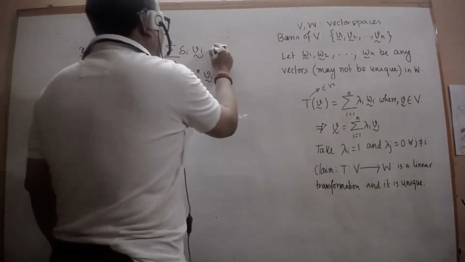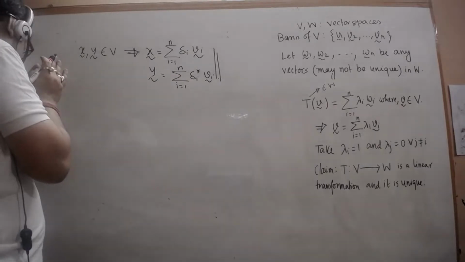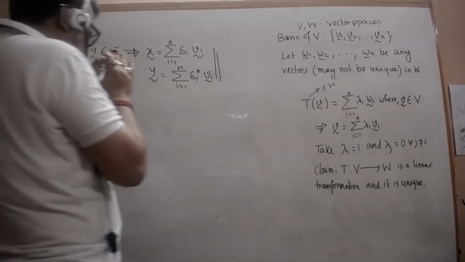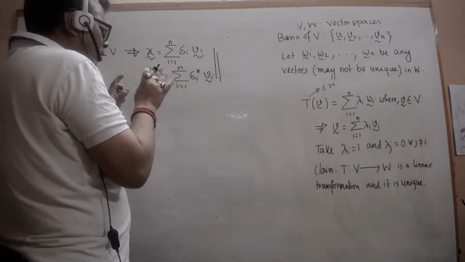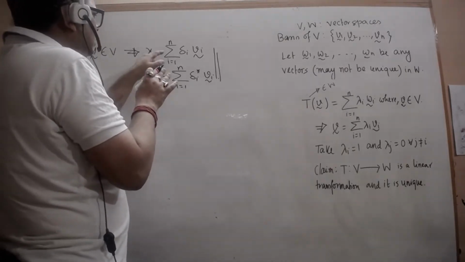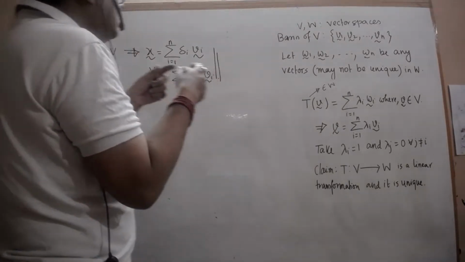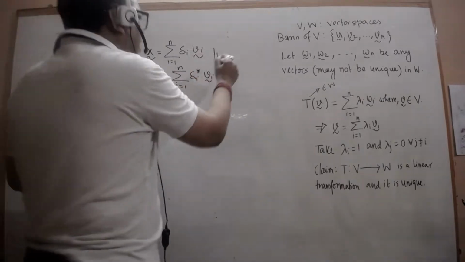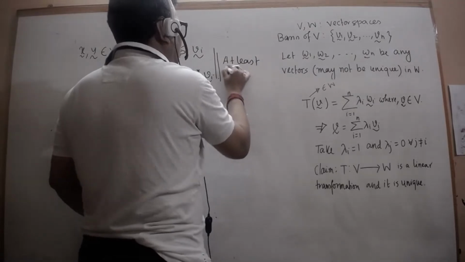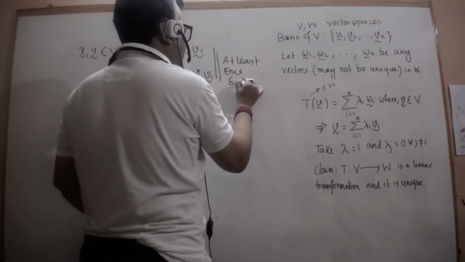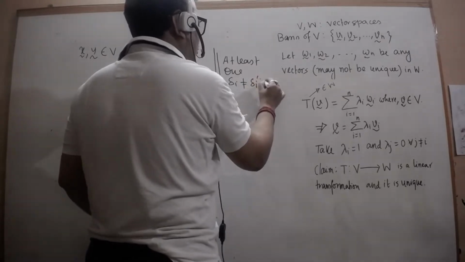And since these two vectors x curl and y curl are any two vectors, these two are not equal. Since we know any vector represented by a basis is unique, at least one delta_i and delta_i dash are not equal.